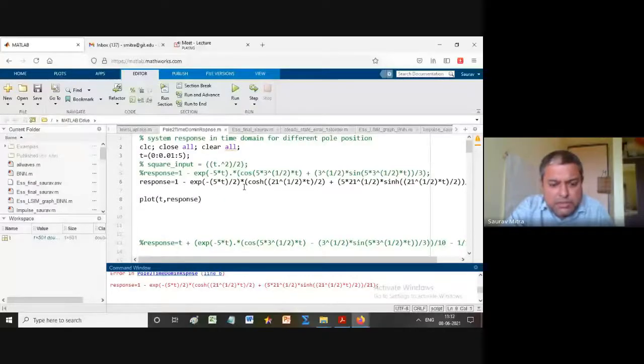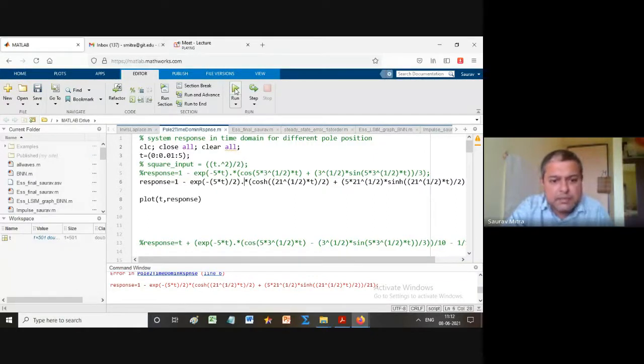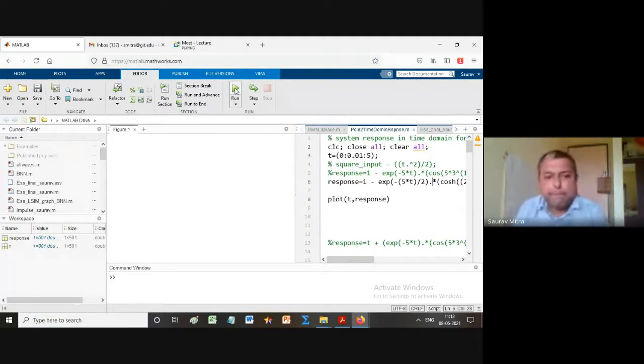So exponential 1 minus 5. So here there should come a dot like this, and let us see. In this case, error should be 0. That means the output should go and reach exactly to 1.